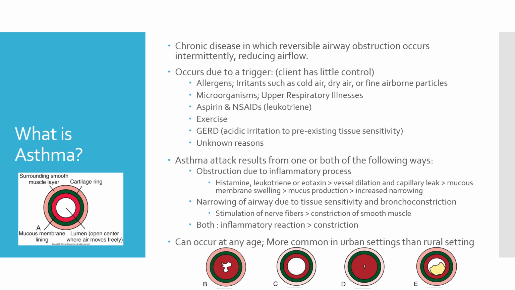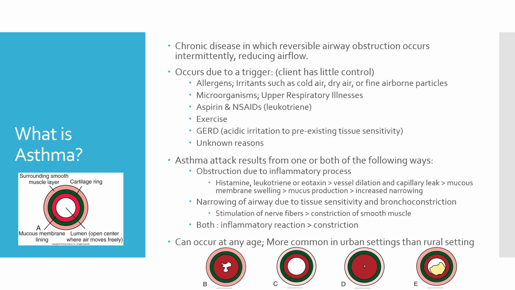So an asthma attack can result from one or both of the following ways, either through an obstruction or narrowing, as we briefly went through in these pictures. So an obstruction can be due to an inflammatory process. What happens is histamine, leukotrienes, or eotaxins are released, which then cause the vessels to dilate and capillary leakage.